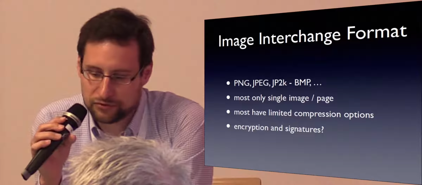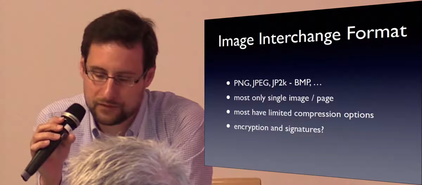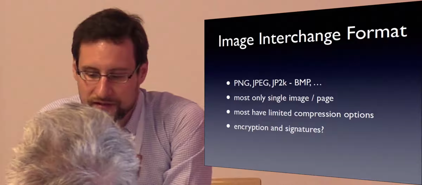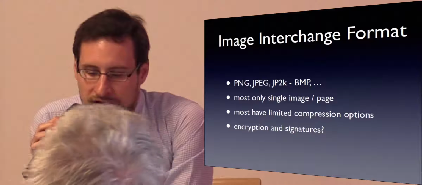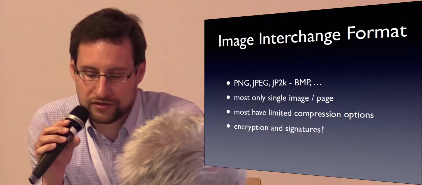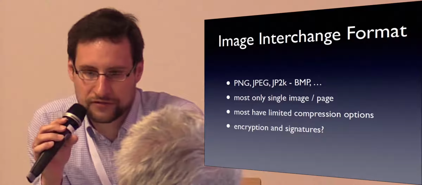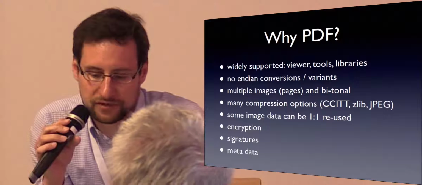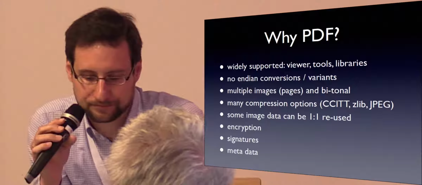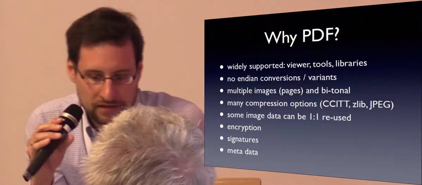In BMP you can store different compression formats, but nobody really supports this, and it is only a single page. And the biggest concern nowadays is security, especially over networks. People want encryption and signatures, so none of these file formats supports this natively.